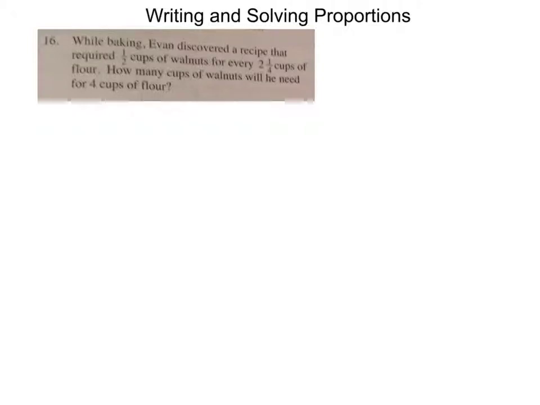Alright, our last example here includes some fractions, and I don't want you to be scared away by that, because it's the same process. It says, while baking, Evan discovered a recipe that required 1/2 cup of walnuts for every 2 1/4 cups of flour, and we want to know how many cups of walnuts he will need for 4 cups of flour.